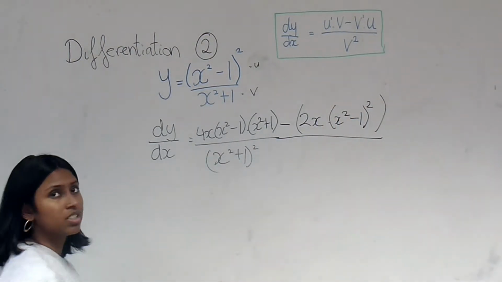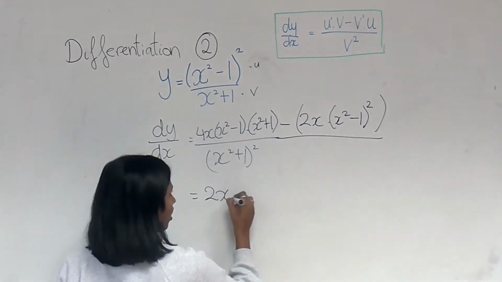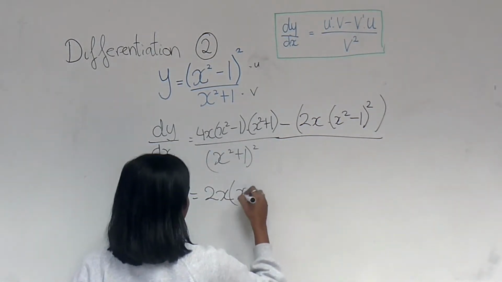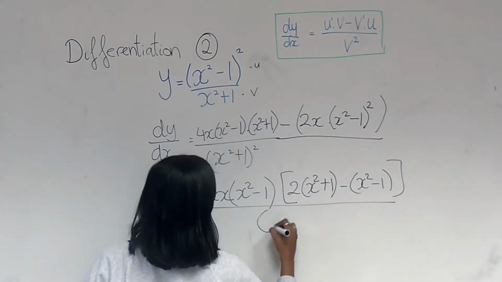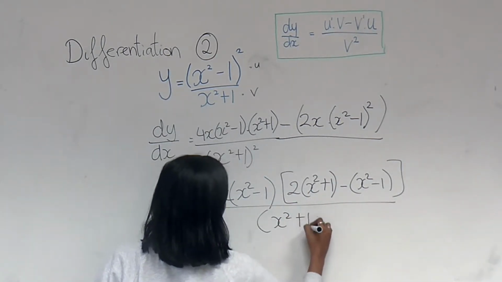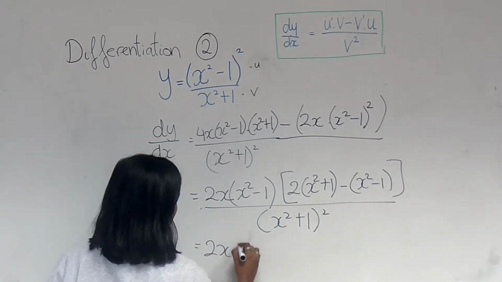And now we can just simplify this, so we can write this as 2x times, and the whole thing, don't forget the denominator, and then you just simplify this further.